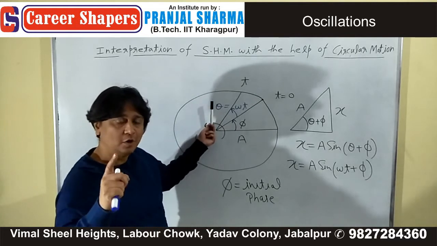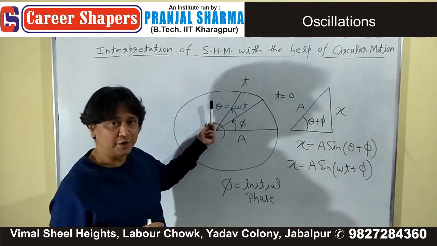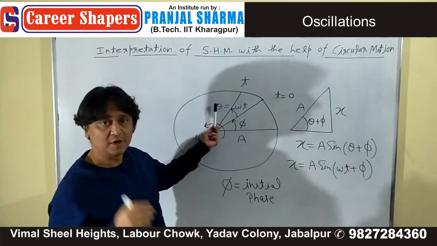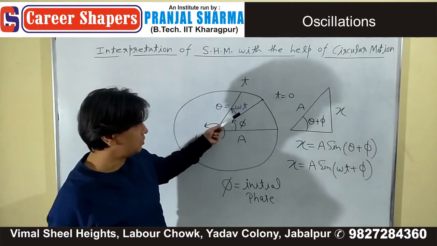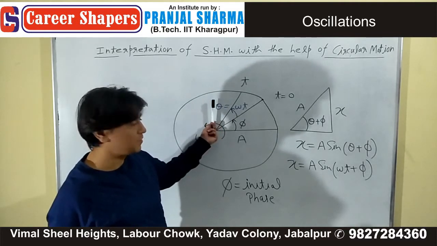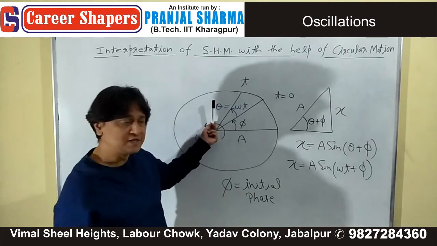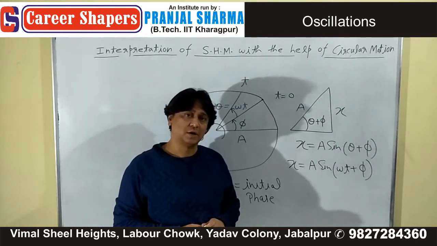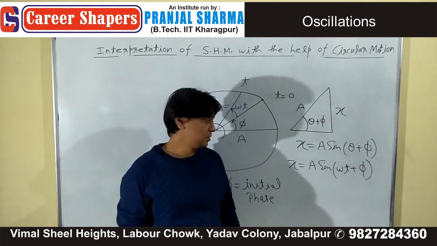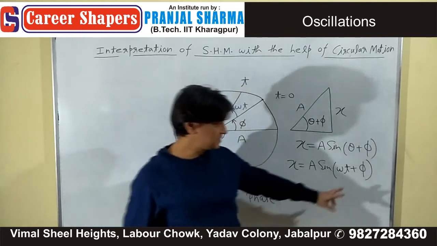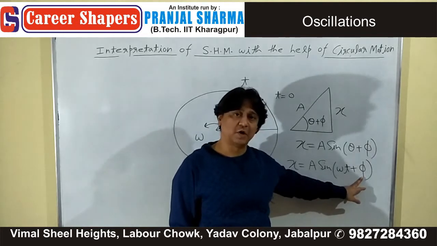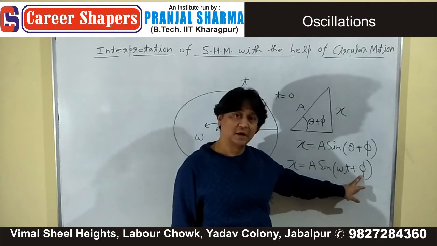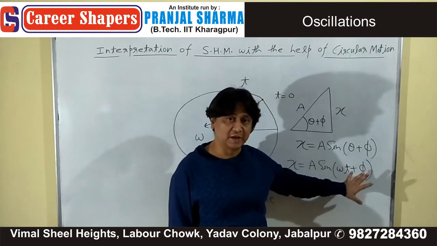In case 2, object starts from positive amplitude. Or you will say that if rod starts from this position, at t equals to 0, then phi or initial phase is what? 90 degrees or pi by 2. If you remember those cases, in case 1 we got the value of phi as 0, and in case 2 we got the value of phi as 90 degrees.